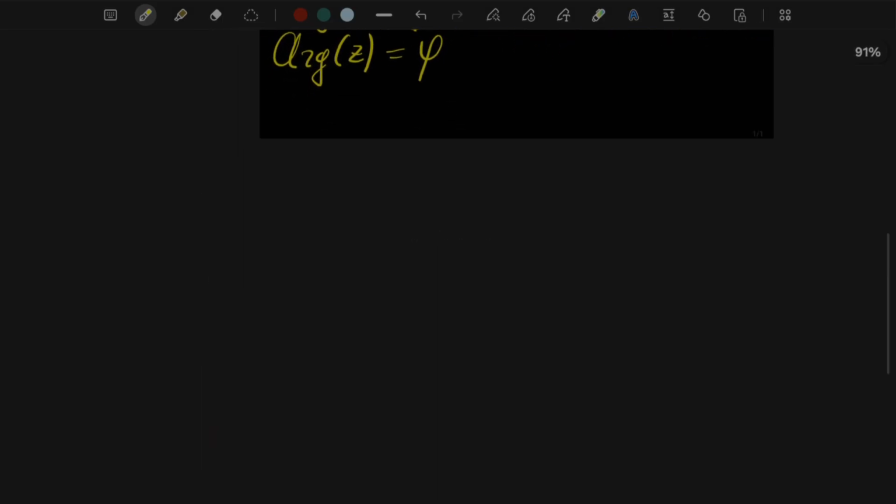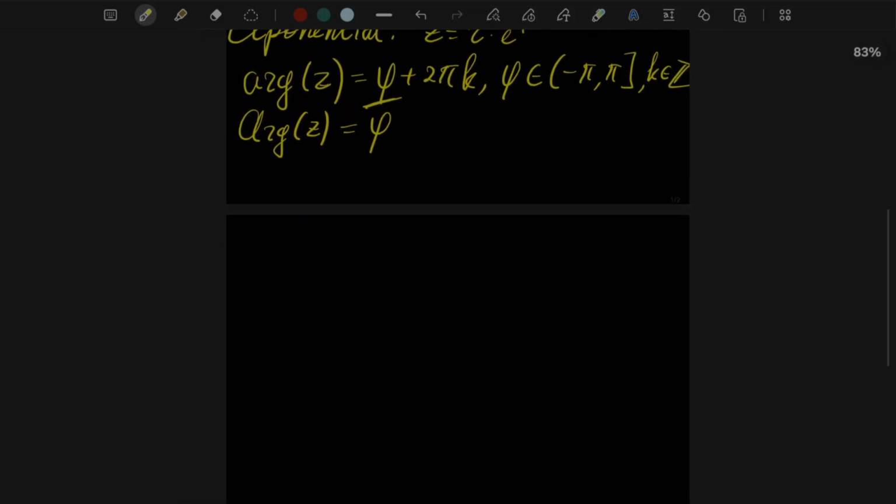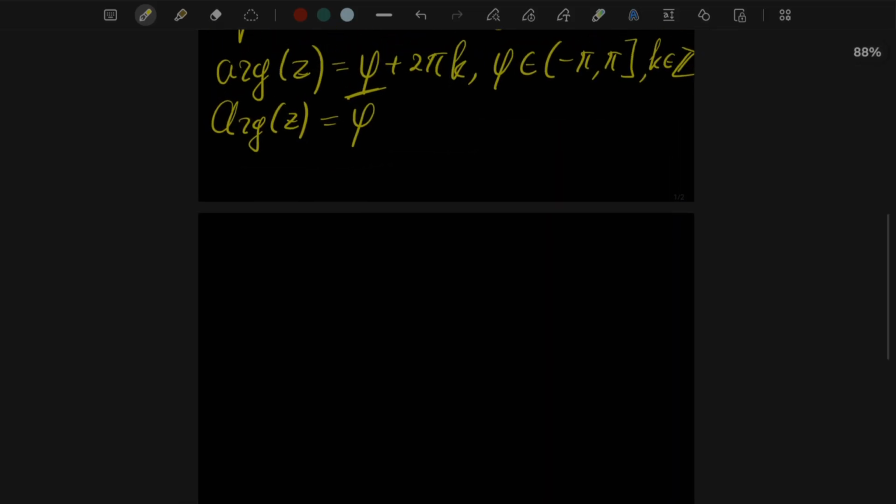So those are our forms, and now let's explore how we can go from one to another. Similarly, as I have already mentioned, the real coordinate is equal to r times cosine of phi, and the imaginary is r times sine of phi.